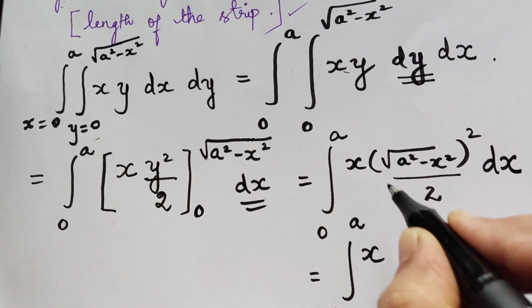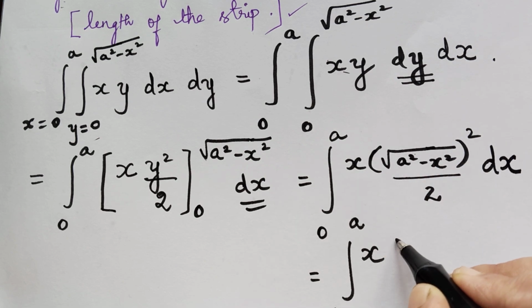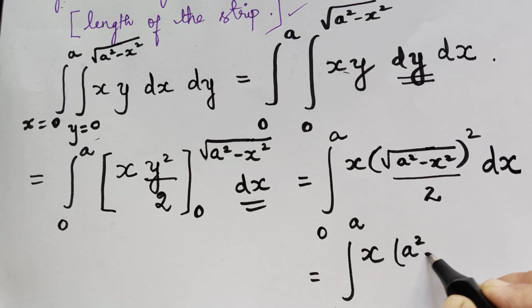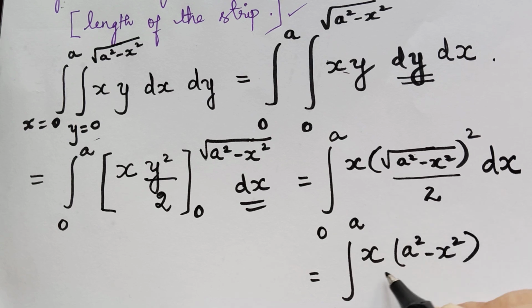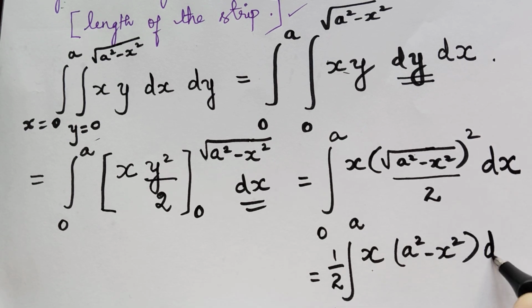Now the square root goes off because we have the square. So x multiplied with a square minus x square divided by 2. The 2 can be taken out, so 1 by 2 dx.